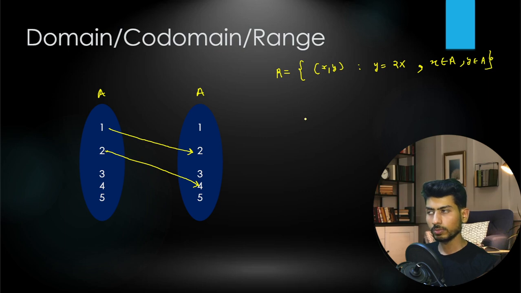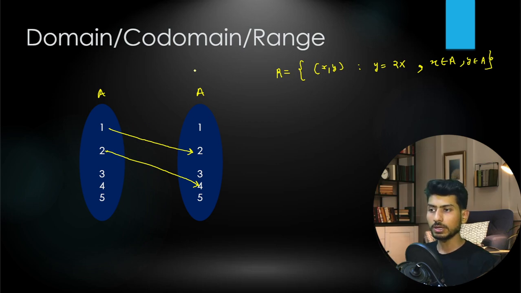You can say domain are those values for which the value of the function exists. If I ask about 3, is the value of the function at 3 existing? Has 3 been mapped to any value here? No. So the domain is not 3. Domain is basically those values which have an output, which have images.